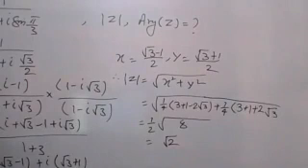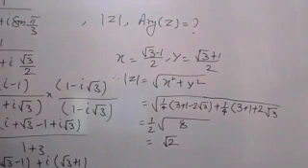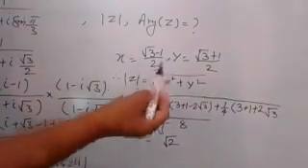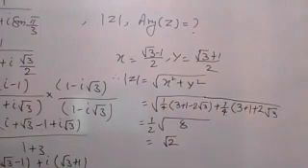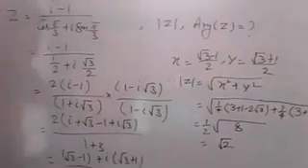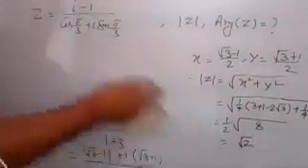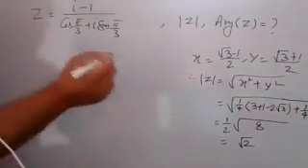Okay. Now you find the value of its argument. And here you see the value of x and y both are positive. So it is lying in the first quadrant. Okay. So here you find the value of tan alpha.